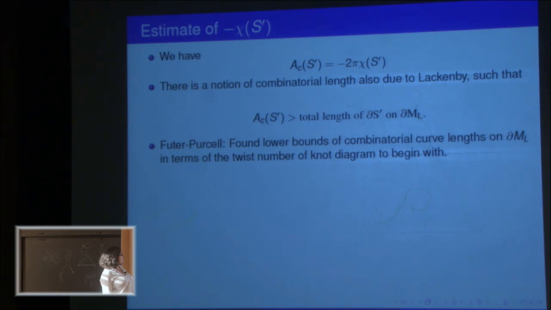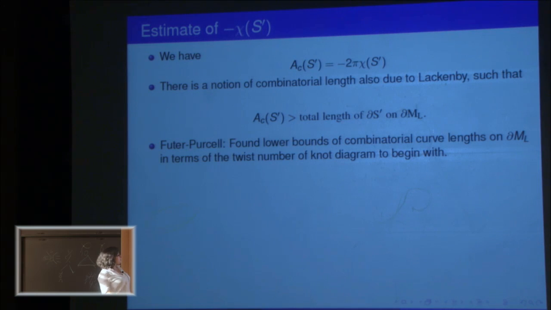one thing that comes out of Lackenby's analysis, and in fact, I'm not doing admissible disks. So for normal disks, that should be known even to Casson. I don't know, probably, right? But anyhow, the combinatorial area is at least as big as the total length of the boundary.